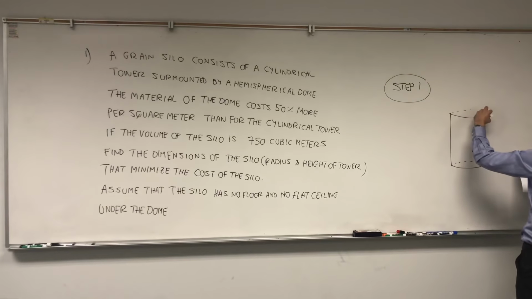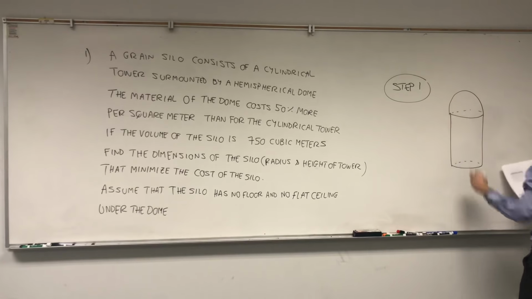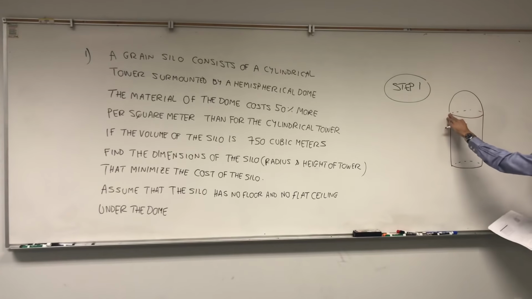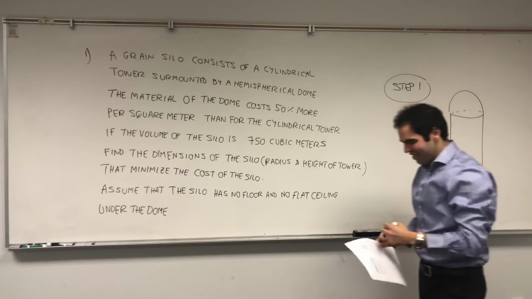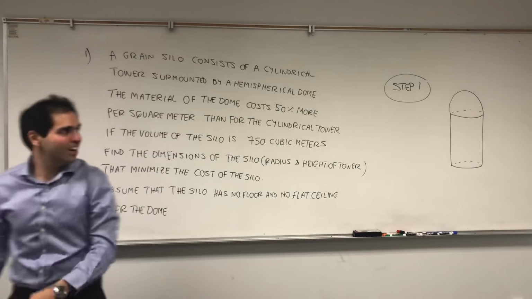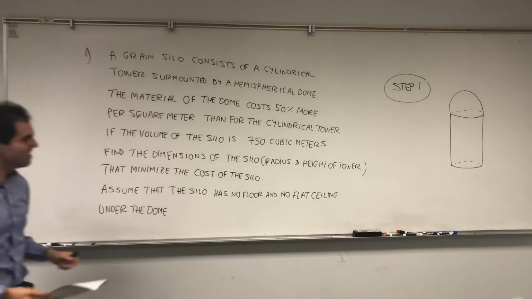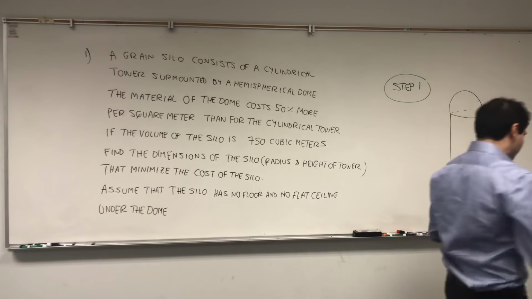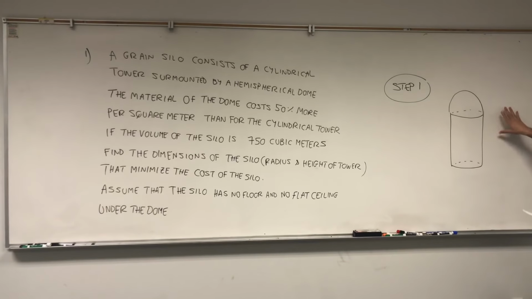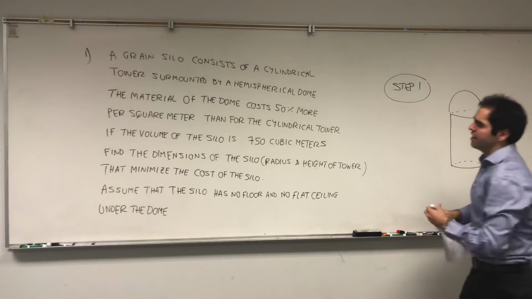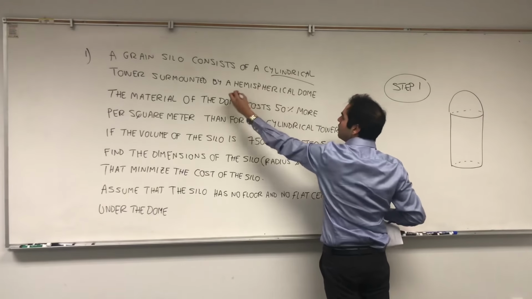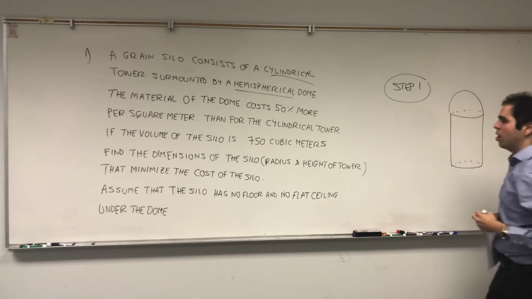And on top is a dome. So I'm sure you've seen those things before. Again, if you're interested in grains or rice, you might have seen that on the highway. And that's the first thing. Again, it gives you information. It tells you we have a cylinder and a hemisphere on top.